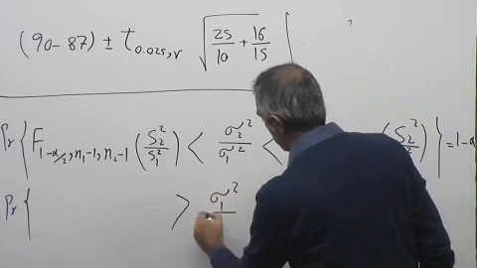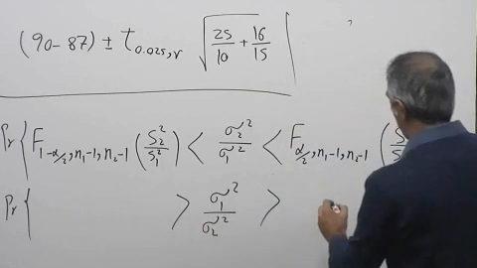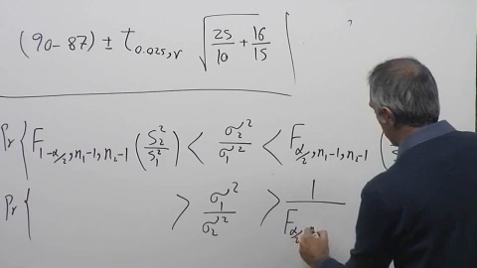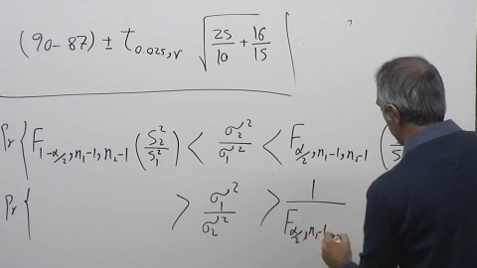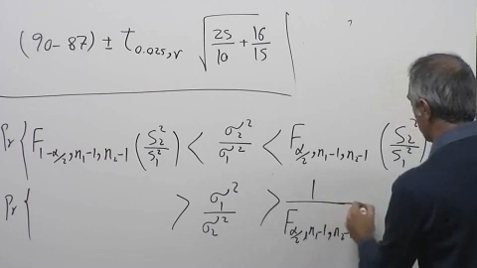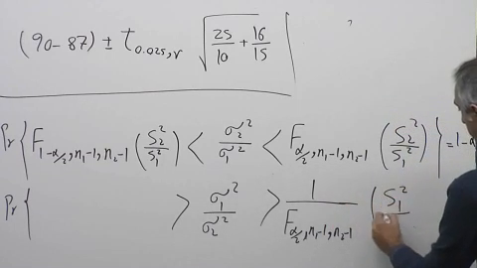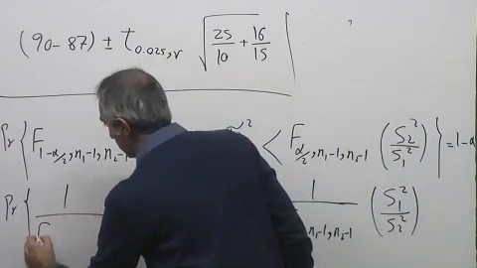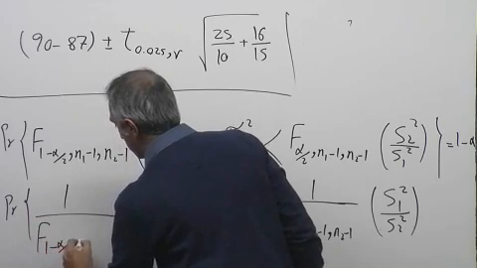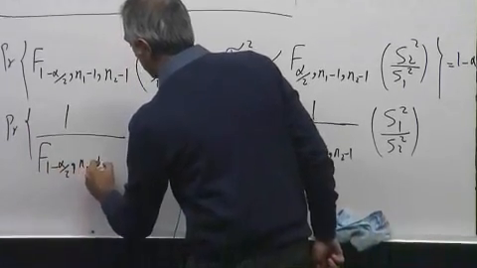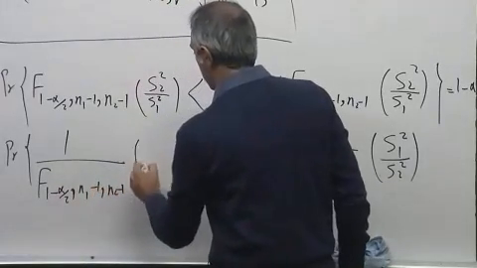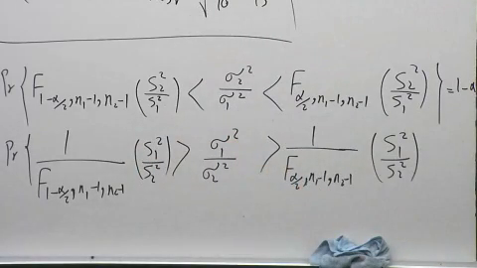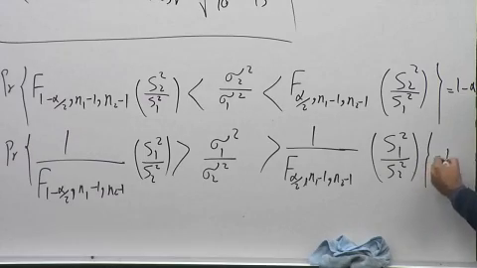It gives me sigma 1 squared over sigma 2 squared, and this gives me 1 over F alpha over 2 with n1 minus 1 and n2 minus 1, times S1 squared over S2 squared. This probability again is 1 minus alpha.